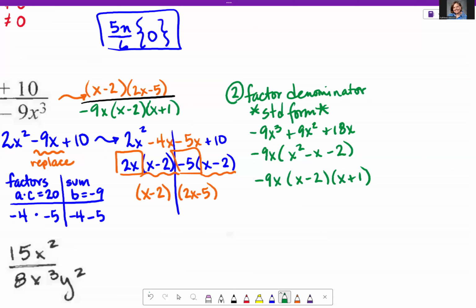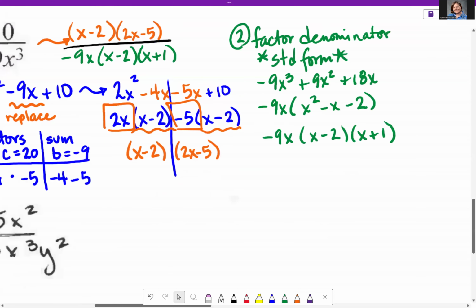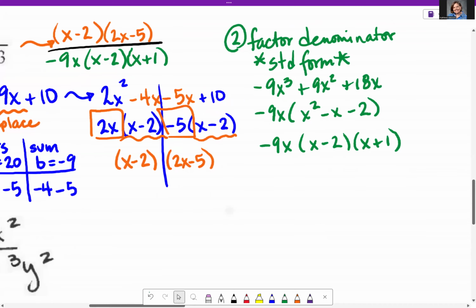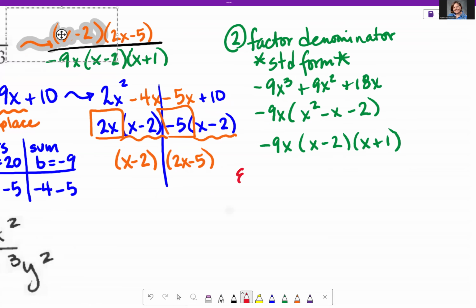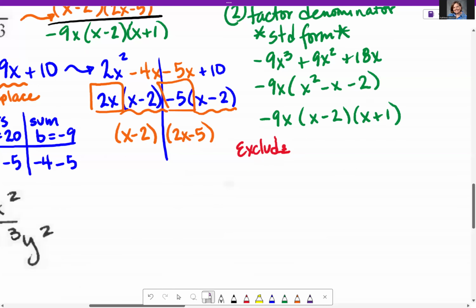My goal is to reduce the fraction. I also need to make sure that my denominator is never equal to 0. So I need to determine what values should be excluded. So for these three terms, I'll exclude negative 9x equal to 0.